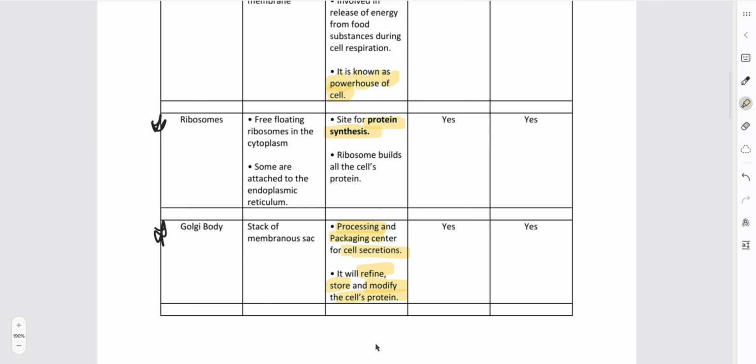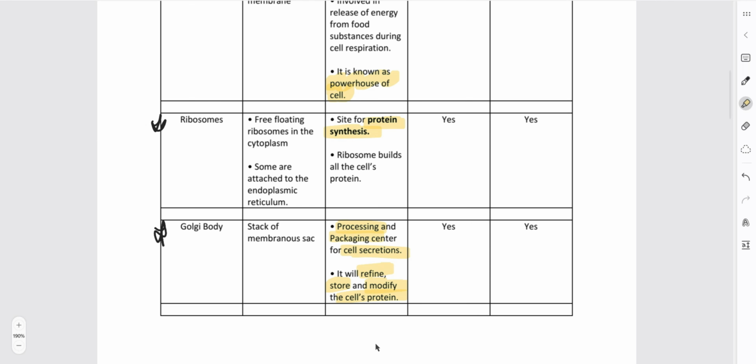Now, what do we mean by this? Think about it. Your ribosome made a protein, right? I already said that our body is mainly made up of proteins. The protein that the ribosome made must be of a specific type, and that type is determined by the Golgi body, right?